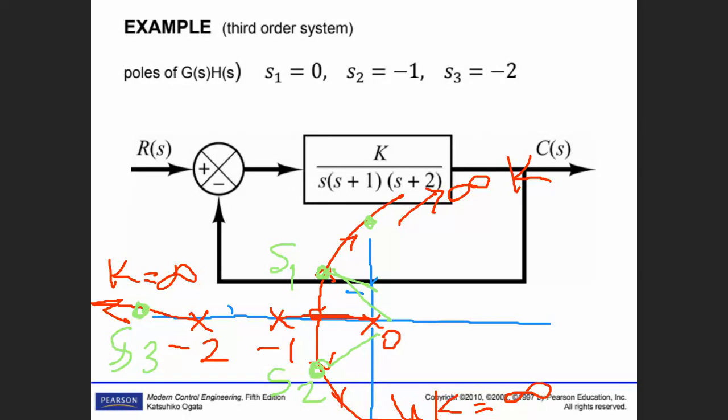Can you find the K value here, where the curve is crossing the j omega axis? Another one is also at the bottom. Can you find the K value here?